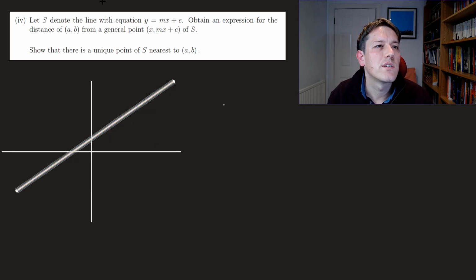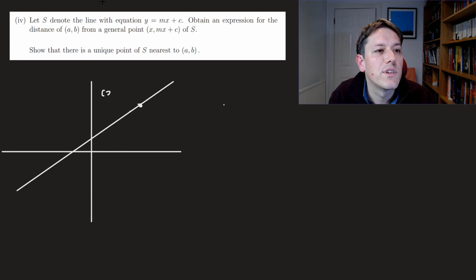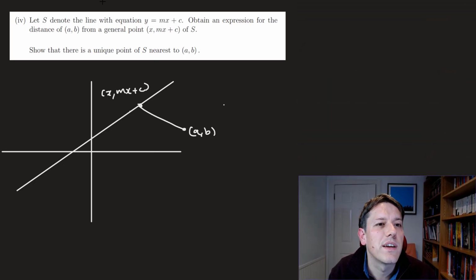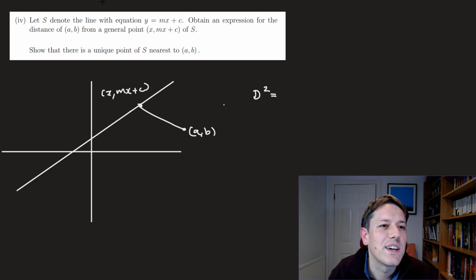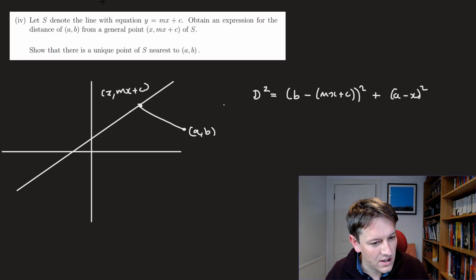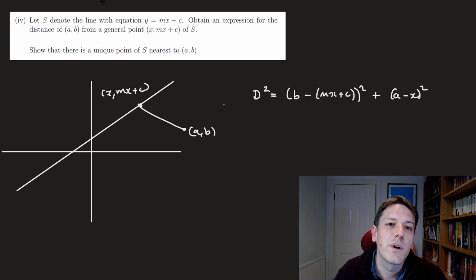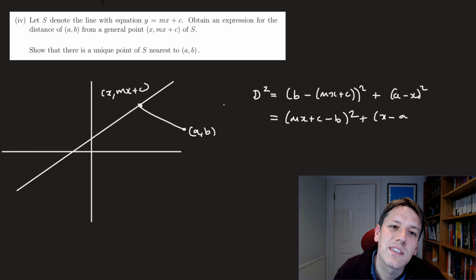A general point on this line can have coordinates x and mx plus c, and then if I go to some point AB here, the distance between these 2 points, just by Pythagoras theorem, the distance squared is going to be b minus mx plus c squared plus a minus x squared, and obviously you could put those individual terms the other way around if you want, so we could say mx plus c minus b squared, and x minus a squared, whatever you want.